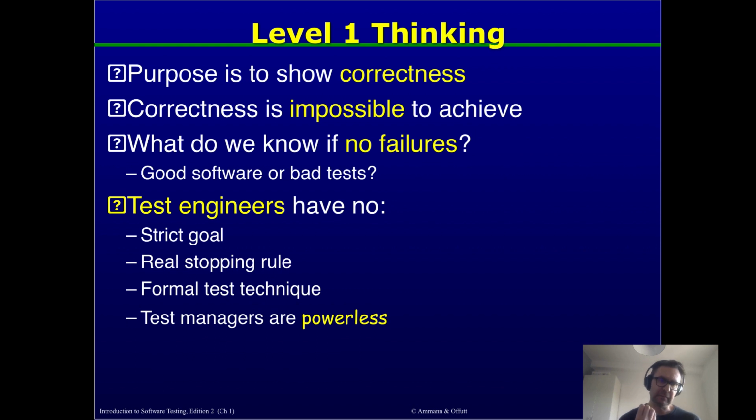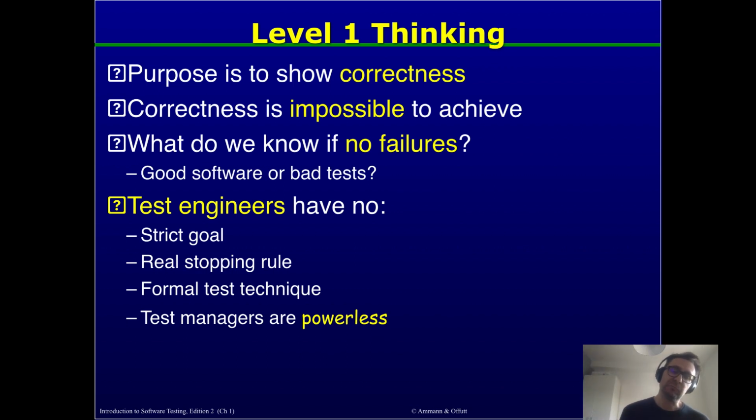So the problem on level 1 is that test engineers don't have strict goals. They don't know when to stop the testing, right? This is extremely important, that you have criteria for what you are trying to achieve. And those criteria can help you to say, stop. We probably have a good trade-off now. We have a good level in our testing.